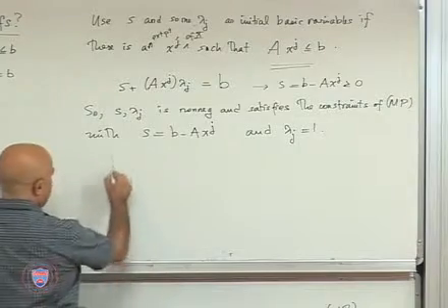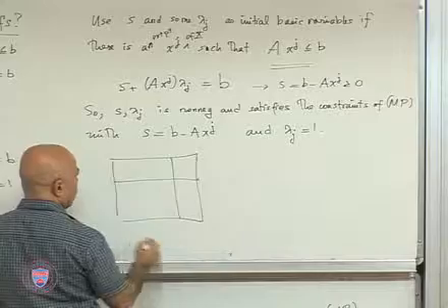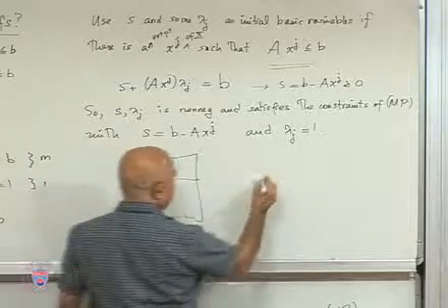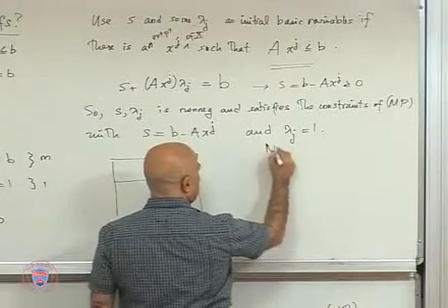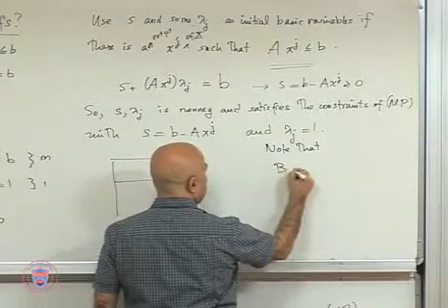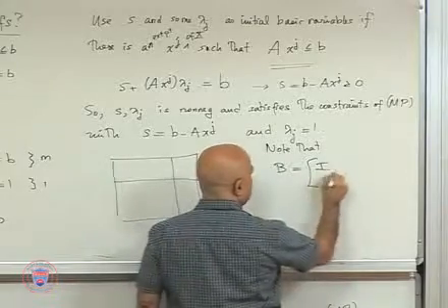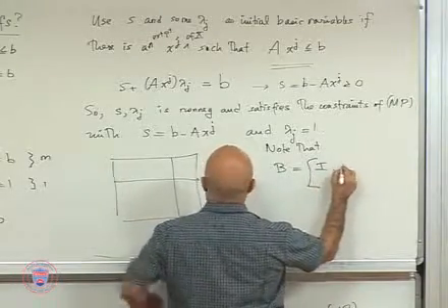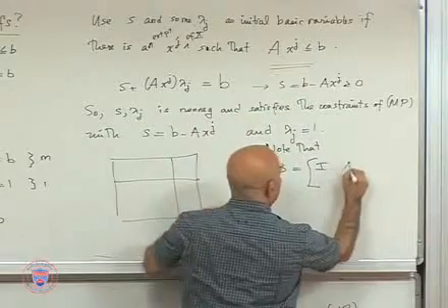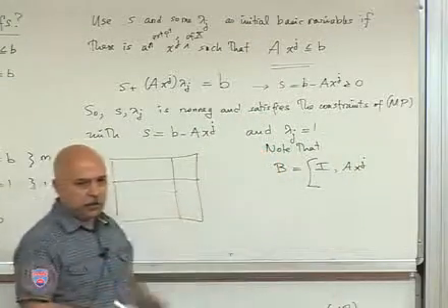In this case, of course, let's compute your initial B inverse. How much is B inverse? In this case, B is identity corresponding to the slacks. And then we have A times xj corresponding to the lambda j column.